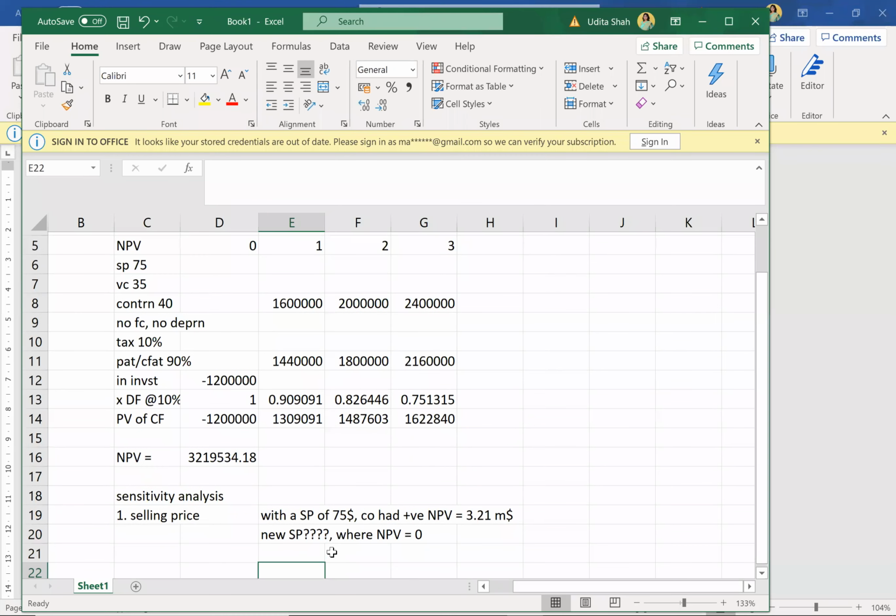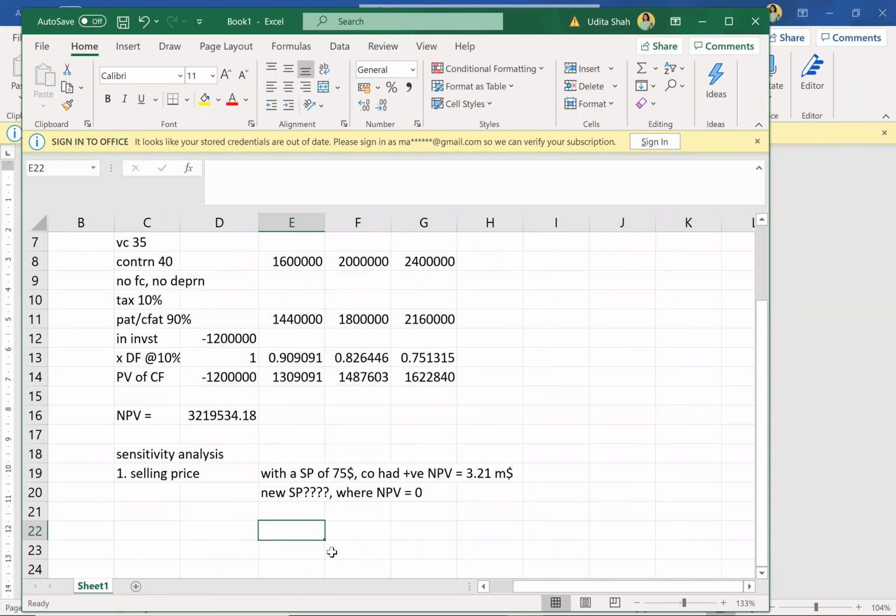So now I want to find a new selling price where my NPV is going to be 0. I hope you understood what we are going to do. So what is the formula of NPV? NPV equals PV of cash inflow minus PV of cash outflow.